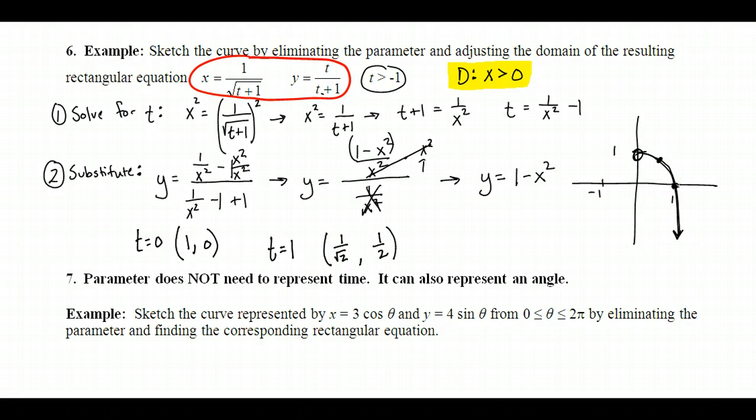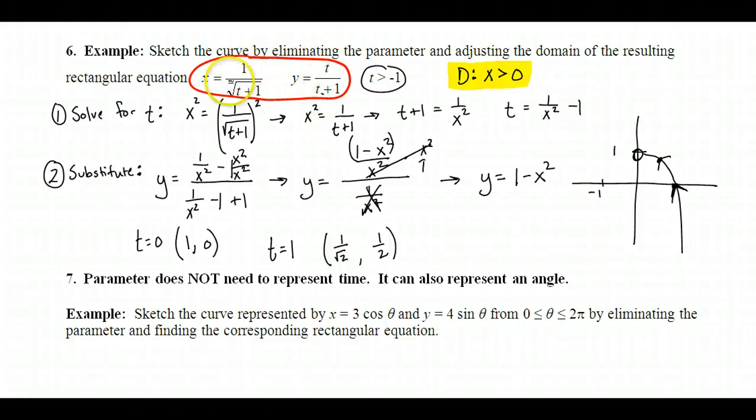So if this is when time was 0, and this is when time is 1, my orientation is actually going this way. And remember, you can't have an arrow at the end, so it just ends up being your curve, and there's just nothing at the end. We can't put an arrow. I guess it's just assumed that it continues going down, but we can't actually put an arrow down there because then you have conflicting orientation.